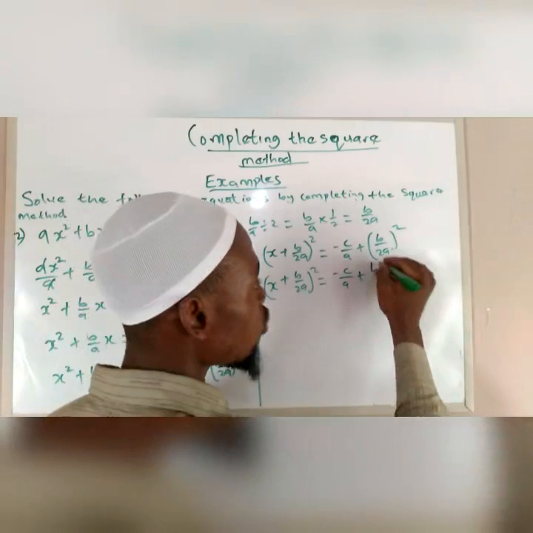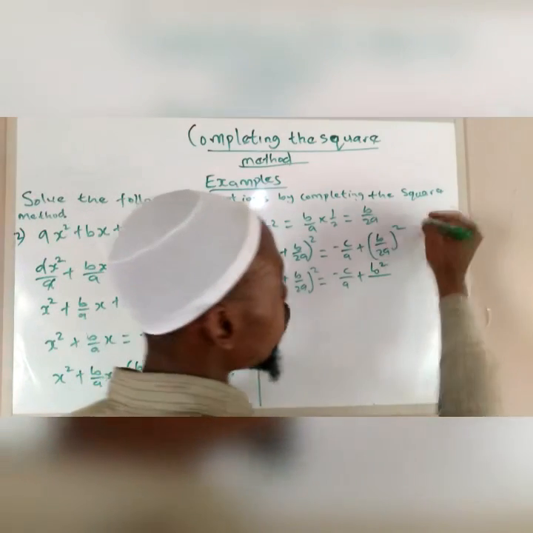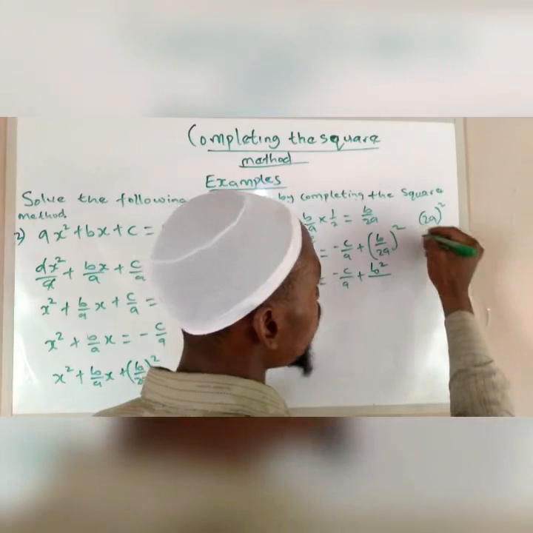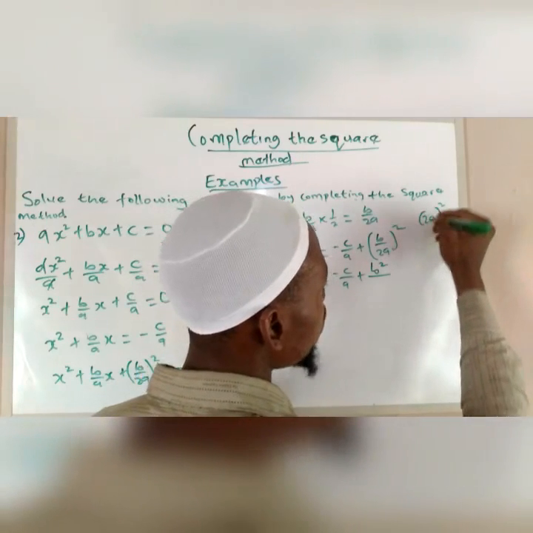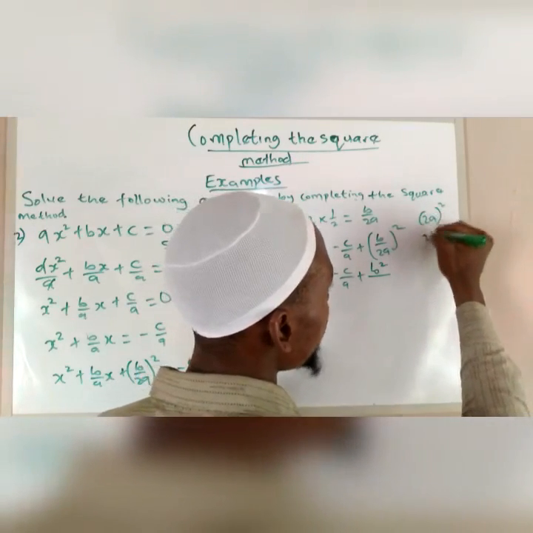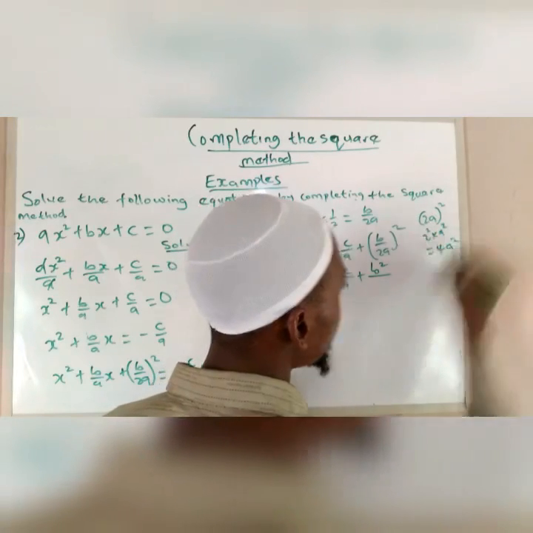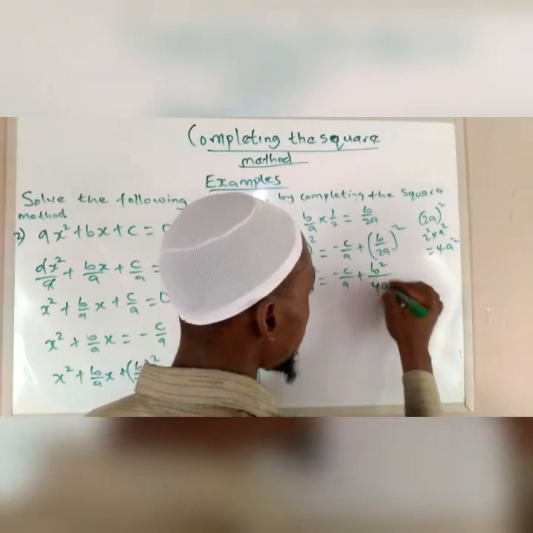So we have b squared divided by, when you want to square 2a, you are going to have 2 squared multiplied by a squared. So you have 2 squared times a squared, and that will give us 4a squared.